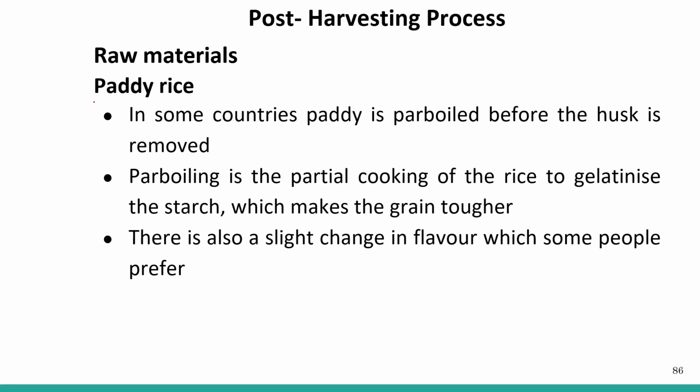Now paddy rice. We have paddy, that is the rice crop, and we require some paddy flour also. In some countries, paddy is parboiled before the husk is removed. This parboiling is very important. We go for parboiling to remove the husk, which is tightly attached to the seeds of rice.